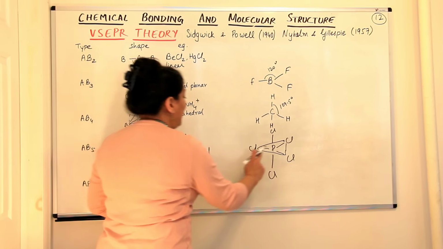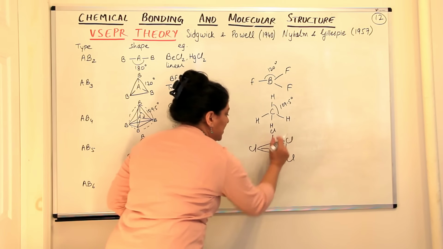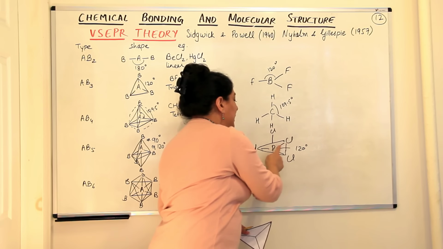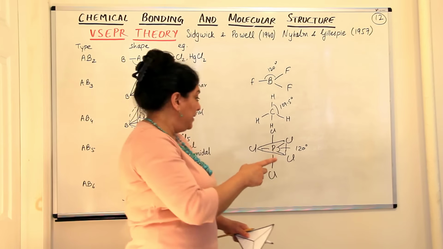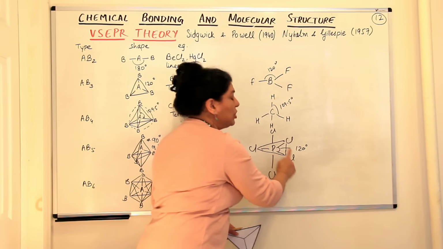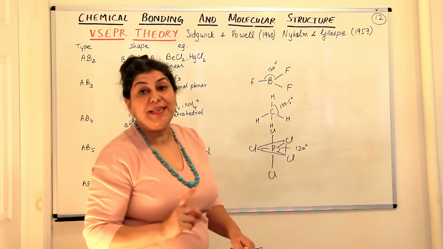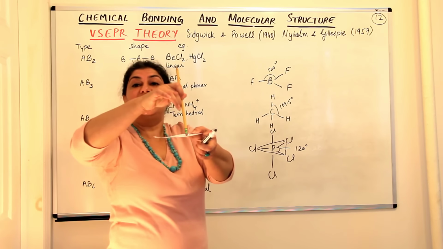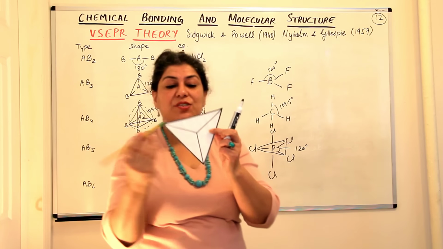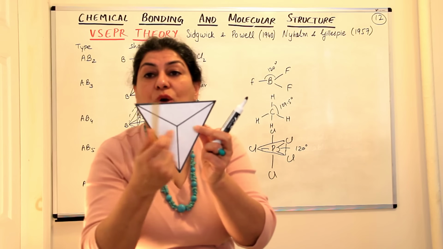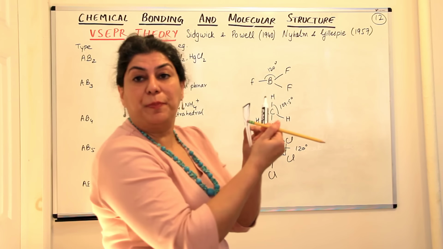And if you have 2 types of bonds, you also have 2 types of bond angles. The angles between the chlorines in the equator, that's a regular triangle. So what is the angle between these chlorines in the equator? It is a regular triangle, so the angle between these chlorines should be 120 degrees. And what would be the angle of this axis here in the triangle? If this is the triangle and this is coming out, what would be the angle of this pencil with these 3 bonds? It is perpendicular.